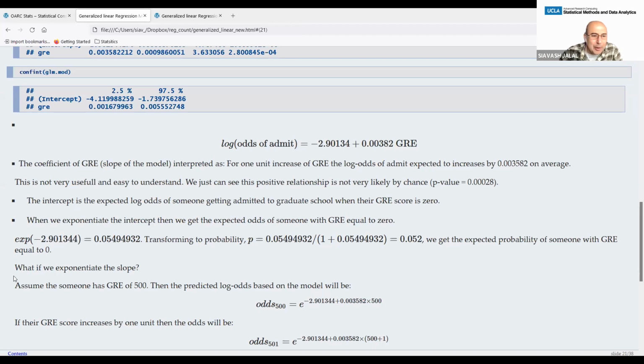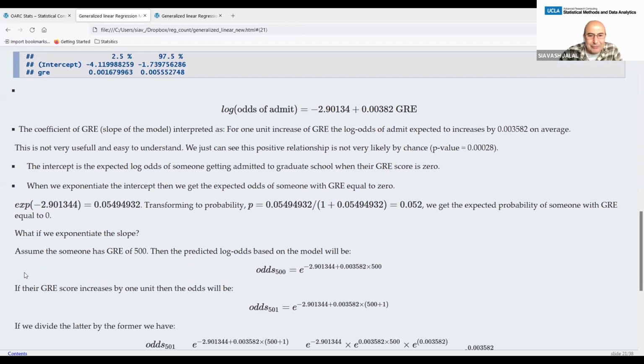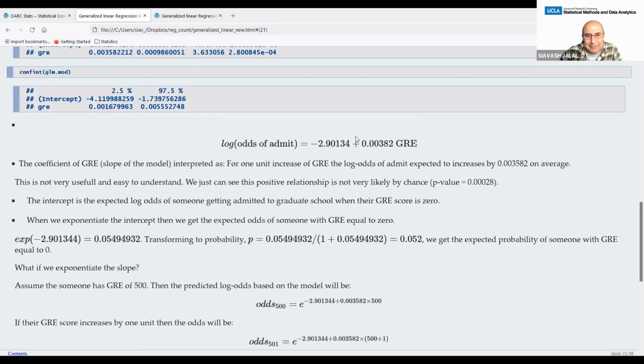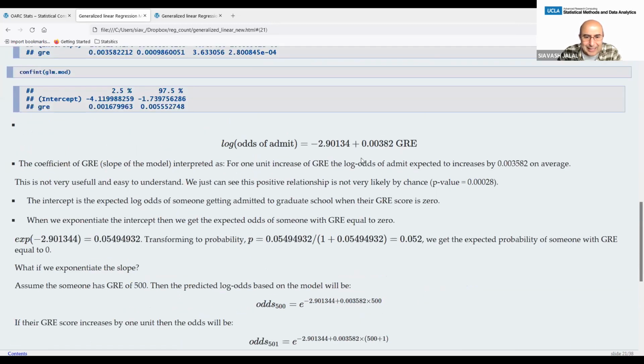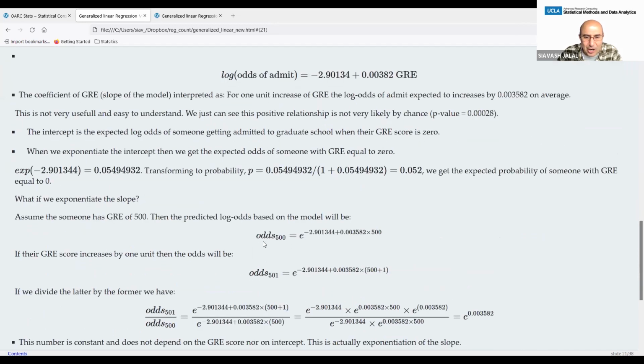Now, what about a slope? What if we exponentiate that value? Now, let's look at this example. Let's do the same thing that we did with the linear model. For 1 unit extra GRE, let's see what happened to the outcome. If we have the odds of, for example, somebody has a GRE score 500, right? And then we can use that formula and exponentiate both sides and get odds of 500 equal to e to the linear prediction.